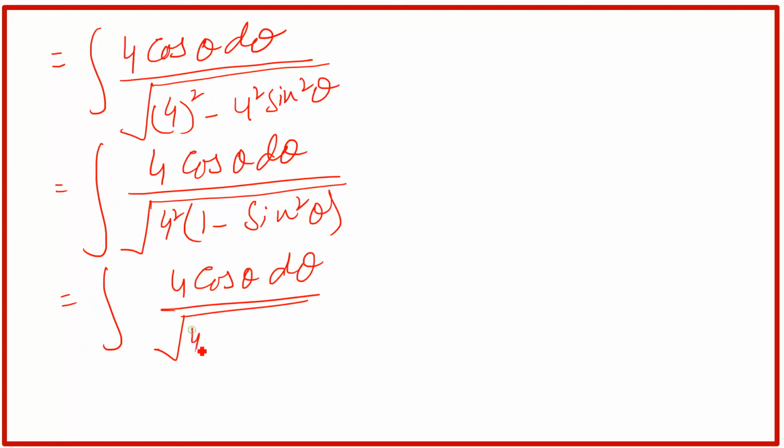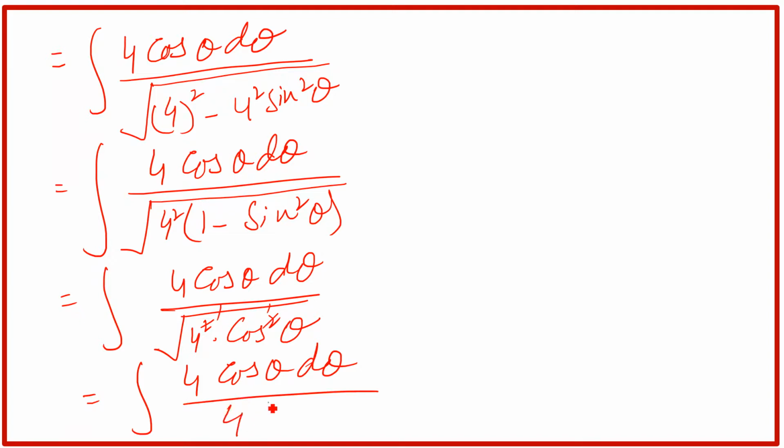So we will write down 4 square multiplied by cos square theta. This square will cancel the square root. We have 4 cos theta d theta divided by 4 cos theta. So this 4 cancels with this 4, and cos theta cancels with cos theta. Only d theta remains.